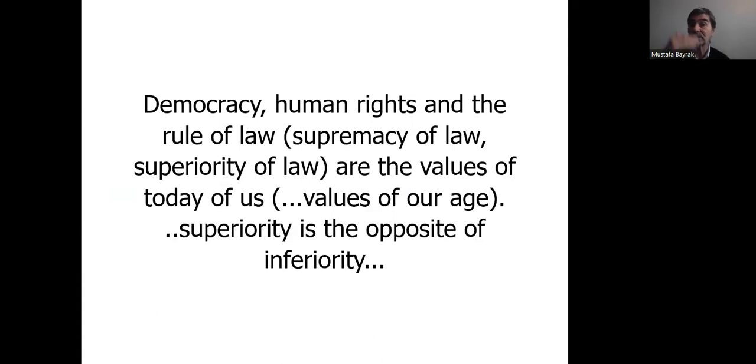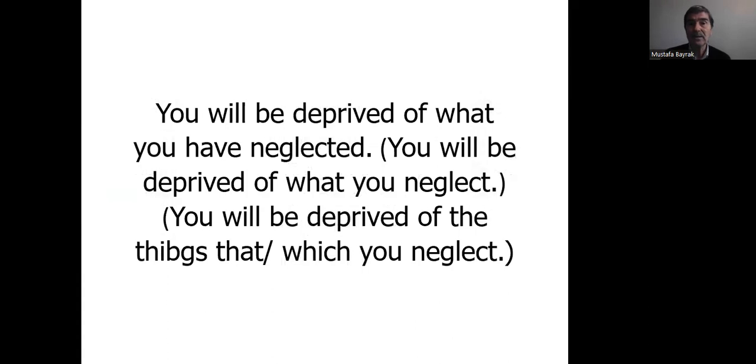You will be deprived of something, okay? You will be deprived of what you have neglected. So we shouldn't neglect the useful things. In the future, you will be deprived of what you neglect, the things which you neglect.